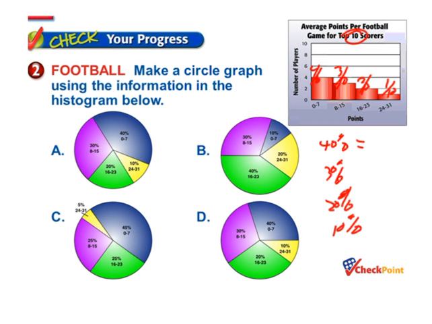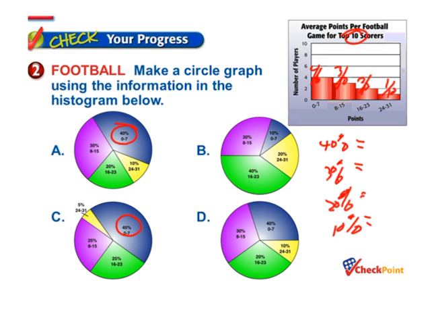I take 40% times 360 to give me the portion of the circle there, 30% times 360, 20% times 360, and 10% times 360. As I start to look at these drawings over here, 40% for the people that score 0 to 7 points, looks like it would be this one right here, probably the best, maybe as much as that one.